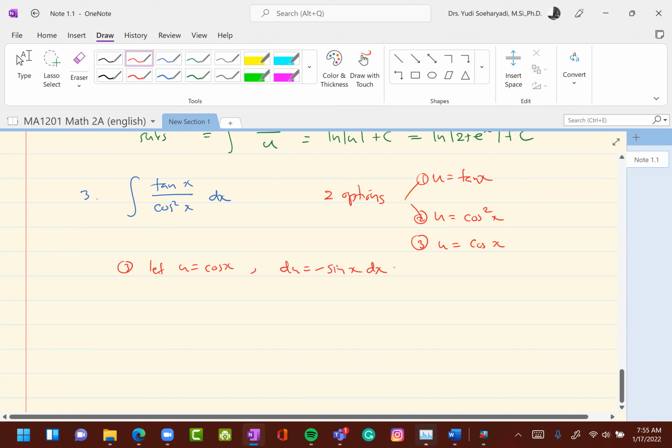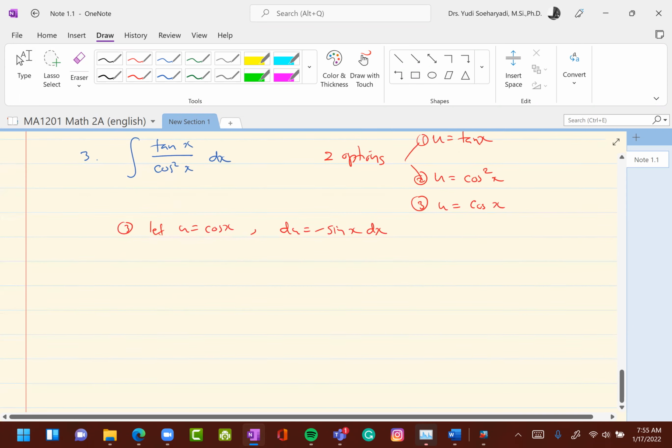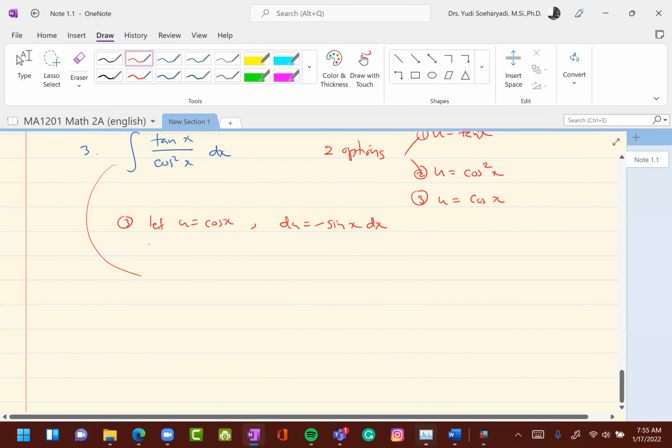But the thing here is there's no sine x there. So when you substitute, this gives you still tangent, and you have u square.